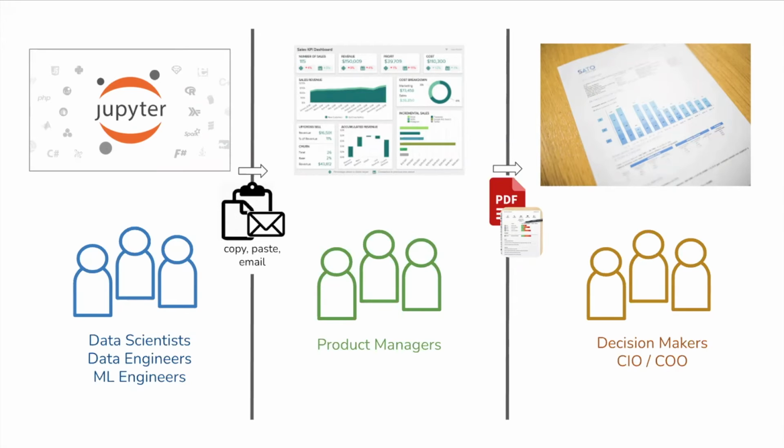A lot of times the product managers don't have access to dashboards because of the very high cadence of changes the data science teams are making. And then in communicating that information onwards, it's through PDFs, emails, and presentations, and a lot of times that information isn't connected down into the actual data and models that are in production.